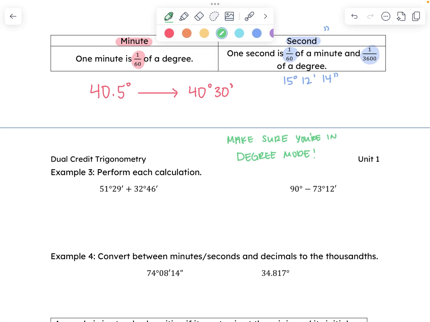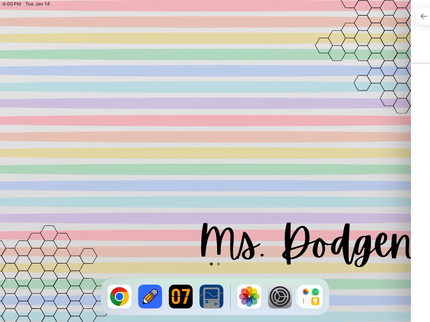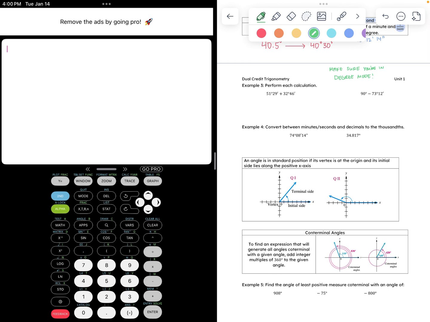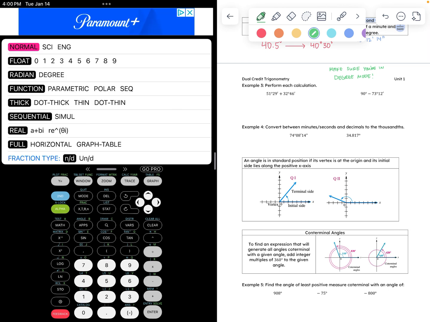So let me pull up my calculator here. There we go. Okay. So you hit mode and you can see that the default mode for your calculator is actually radian. So you need to go and switch it to degree.